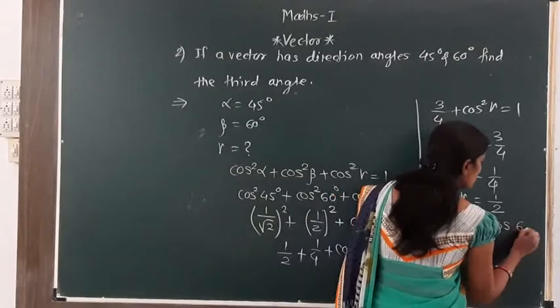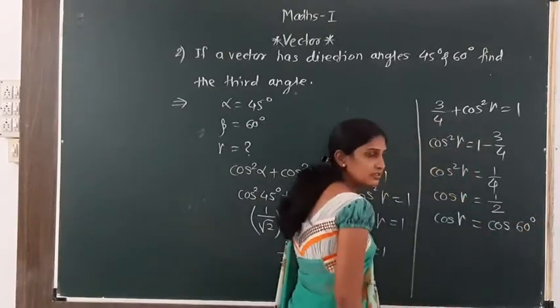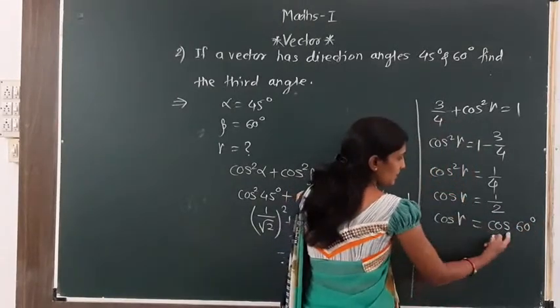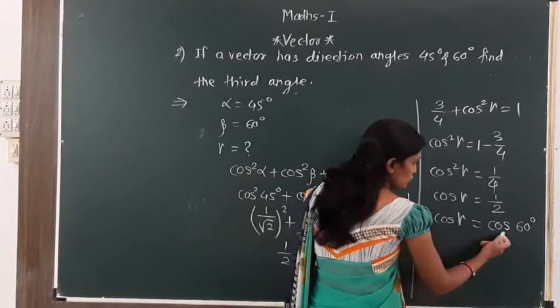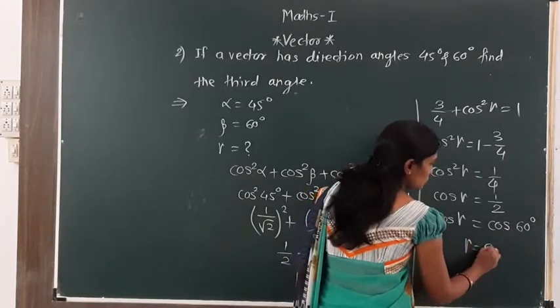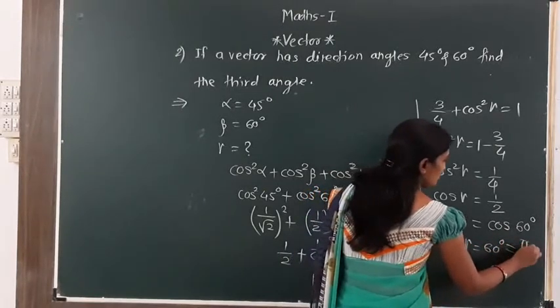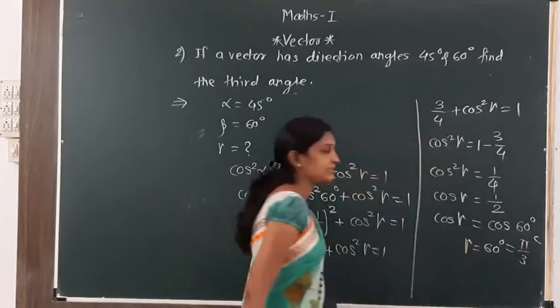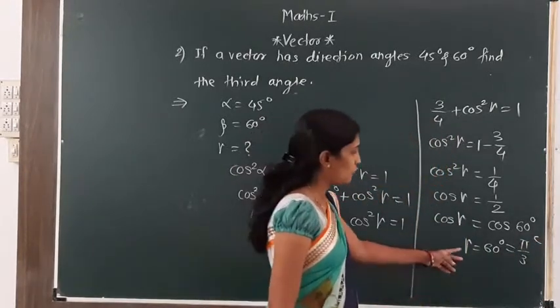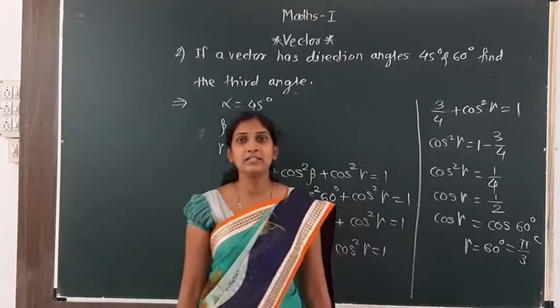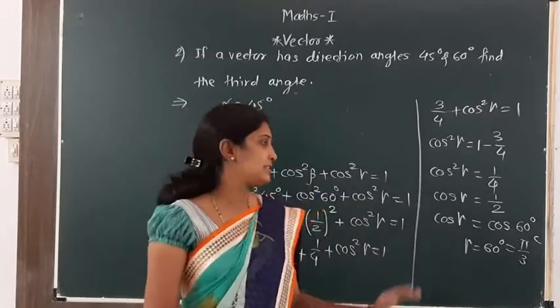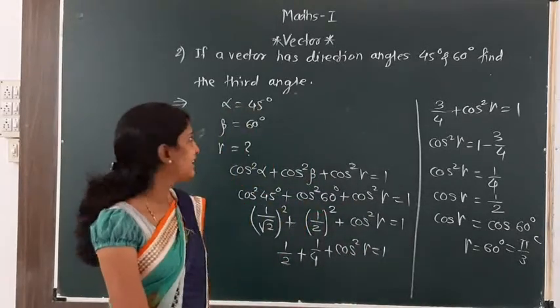Therefore gamma is equal to 60 degree or pi by 3 radian. So the value of gamma is pi by 3 radian. This is our third angle.